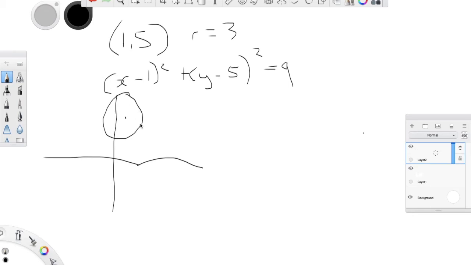So how would you represent this on the Argand plane, or the complex plane, using a locus? This here is obviously on the Cartesian plane. So what we can do is use a modulus.